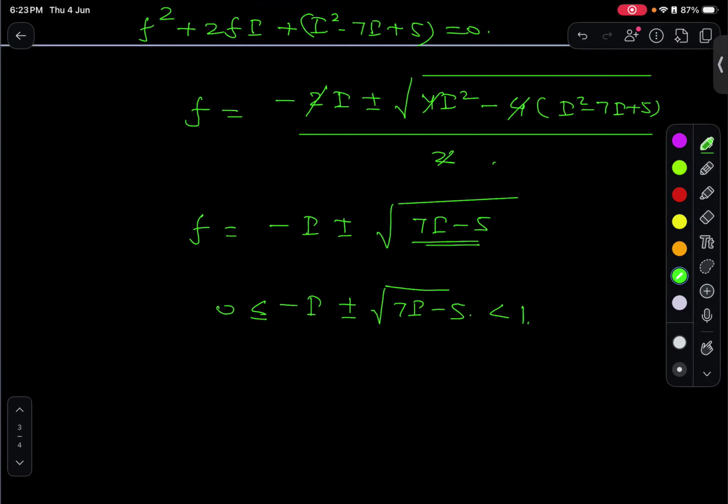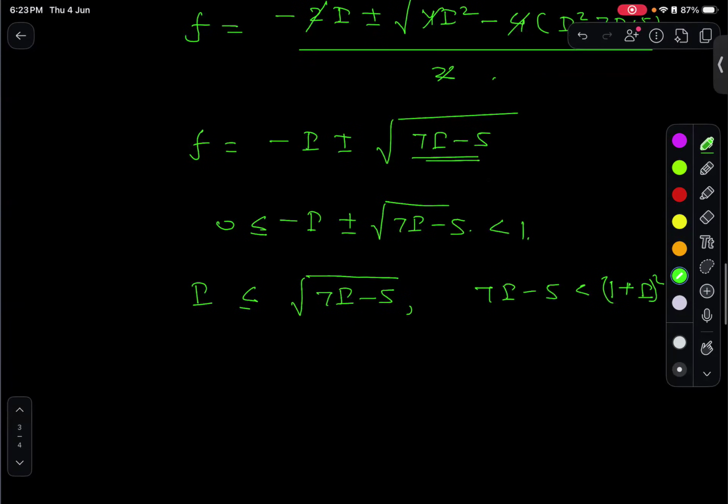For the first one, I'm taking the positive one only, and for the second one, 1 plus I. Squaring both sides, I square minus 7i plus 5 less than or equal to 0.